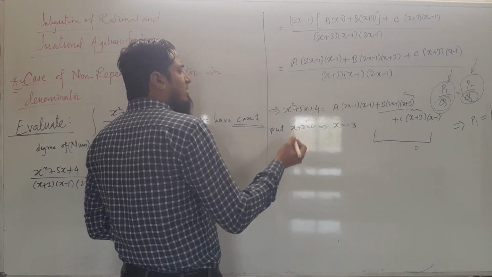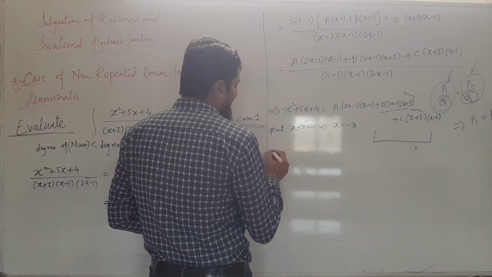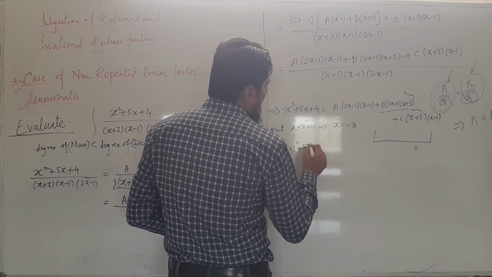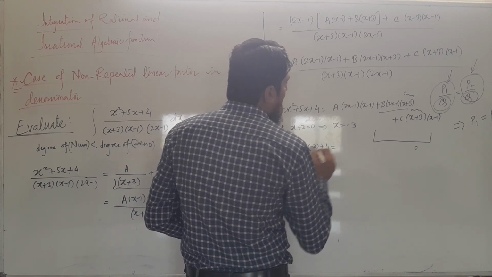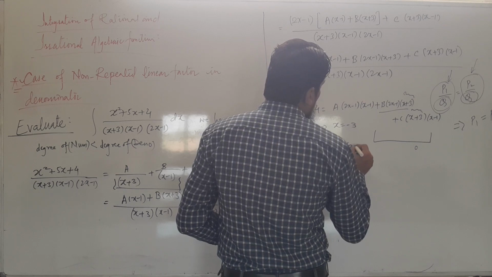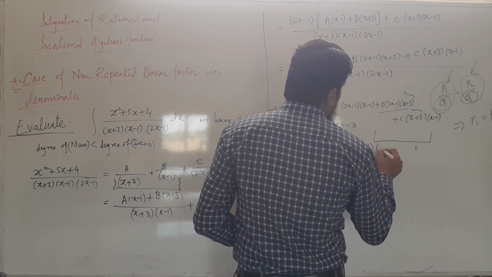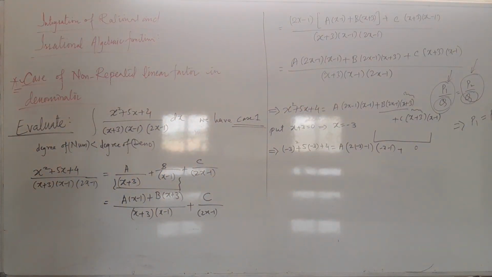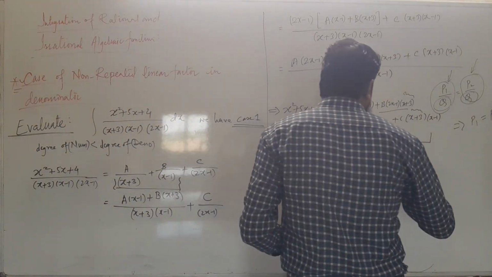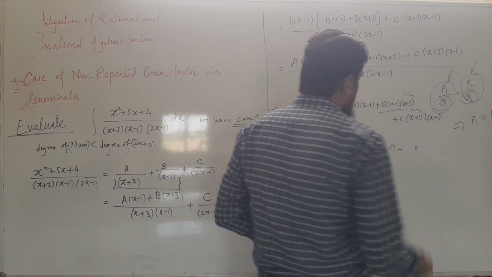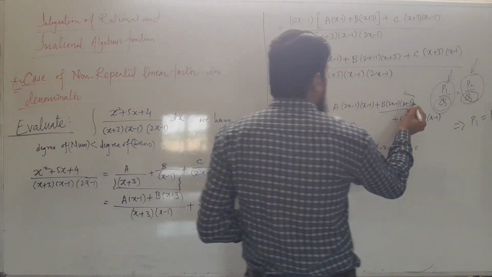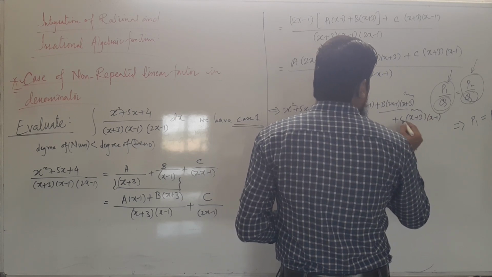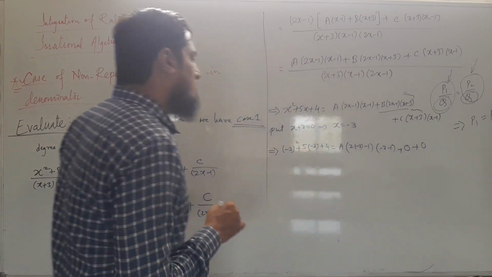Put this value x = -3 in our equation, we will get (-3)² + 5(-3) + 4 = A(2(-3) - 1)(-3 - 1), and the B and C terms become 0, because this becomes 0, and 0 multiplied with C we will get 0.